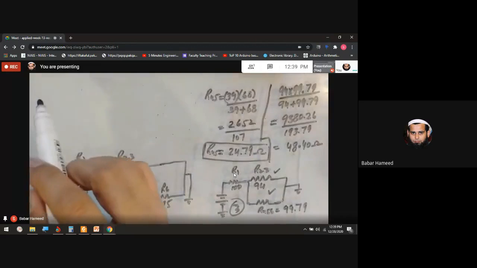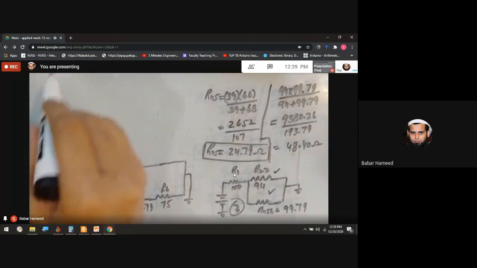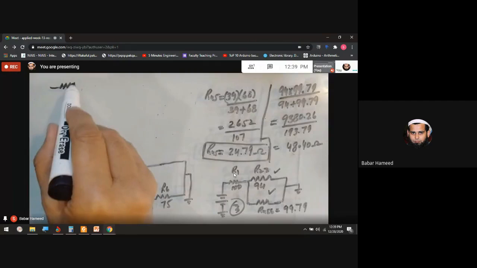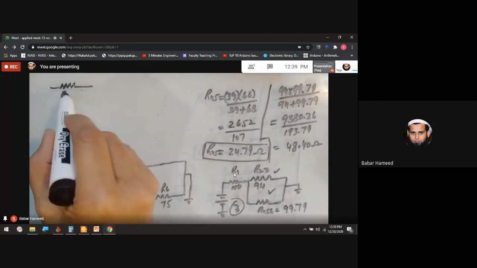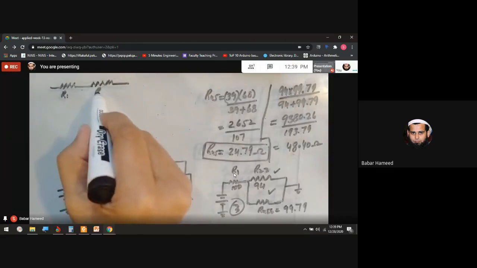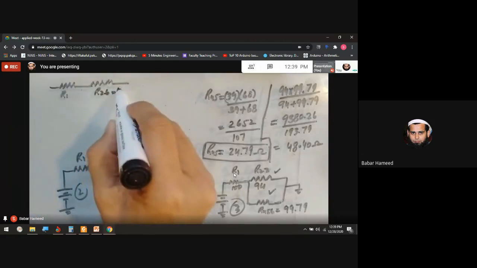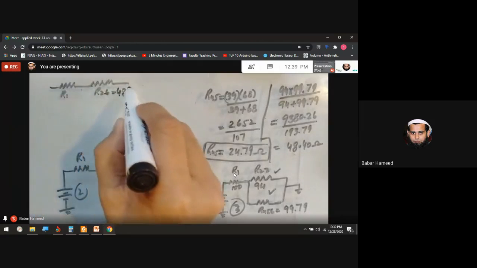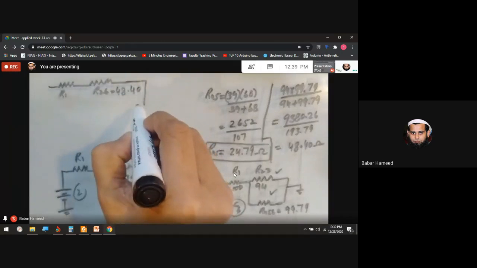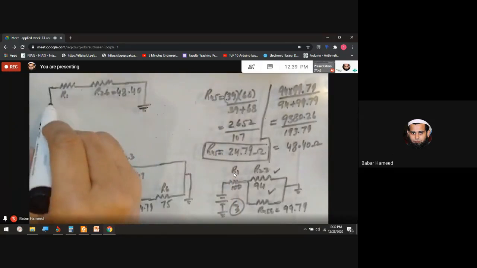So R26, how much value is R26? 48.40, and supply is connected here.